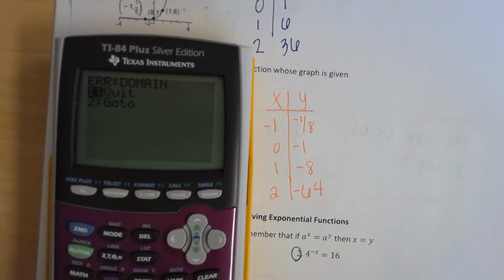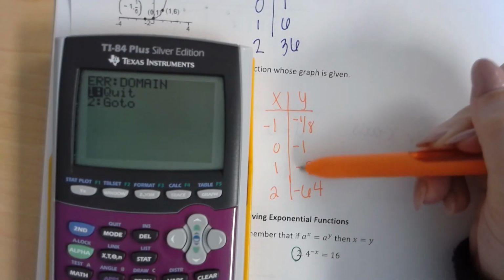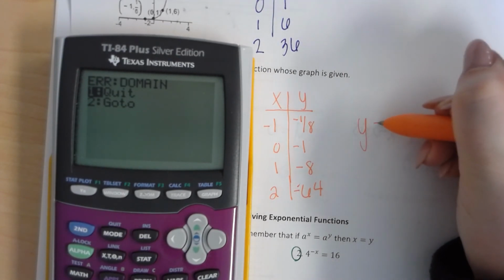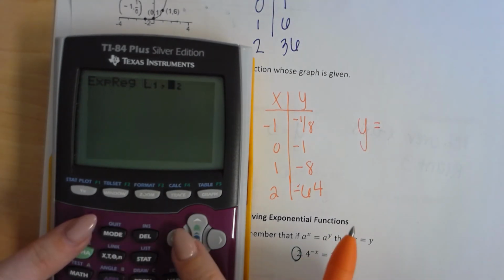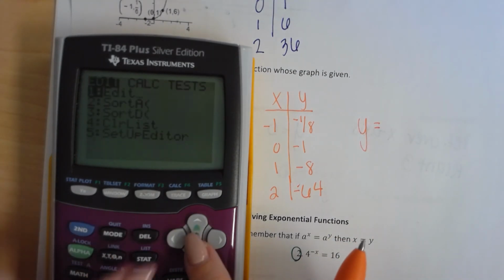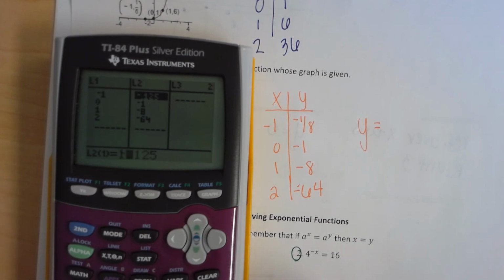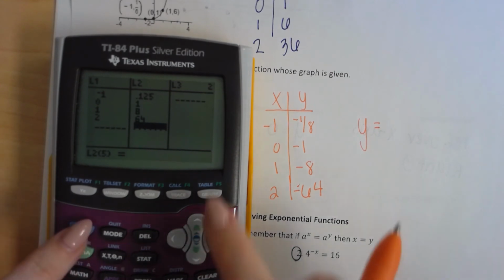Well, here's the thing. Our calculator doesn't know how to handle these negative symbols. So when we plug it into our calculators, I'm going to go back into my Stat, edit, and delete all of the negatives. So I'm just going to make it 1/8, 1, 8, and 64.